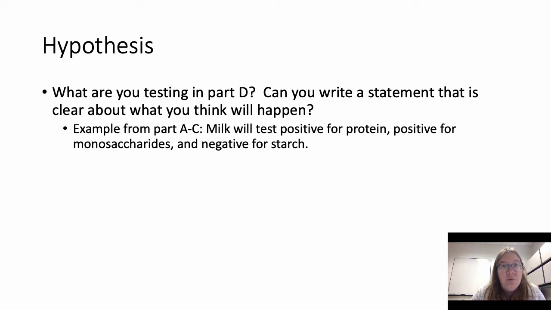I could write up some background on what milk is and how it contains nutrients for young cows or people to drink, and why my hypothesis is that it would contain protein and monosaccharides, and why it wouldn't contain starch. So for your hypothesis, you want to think about writing a clear statement about what you think will happen.